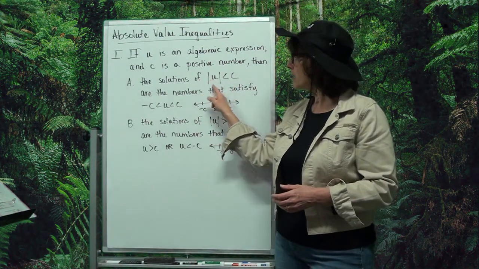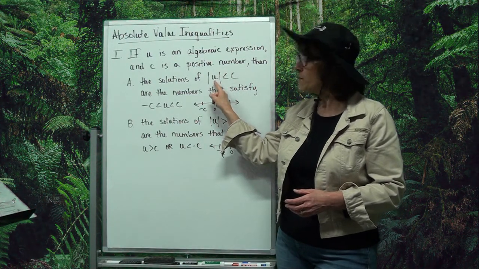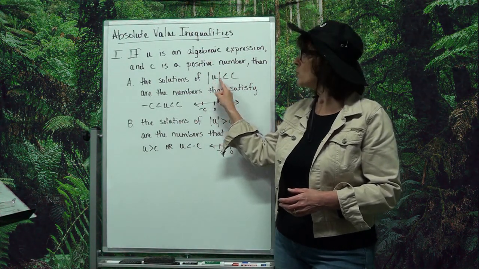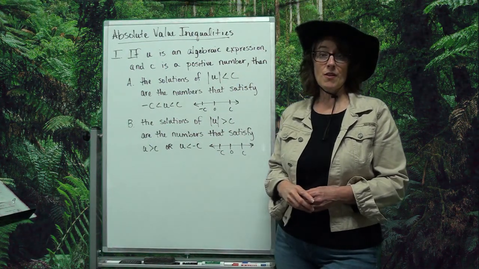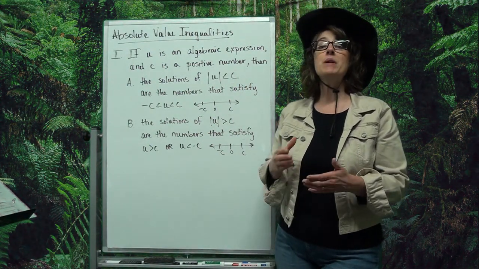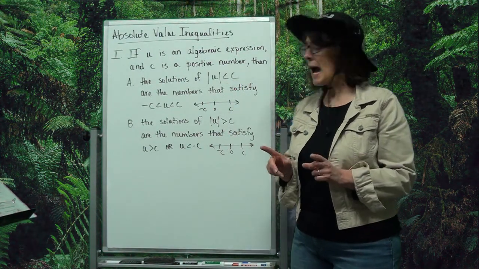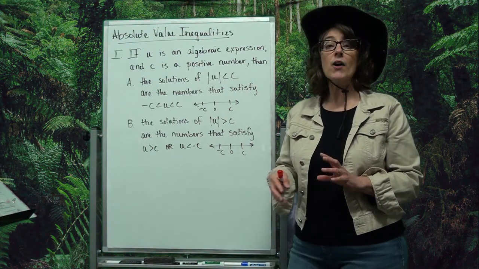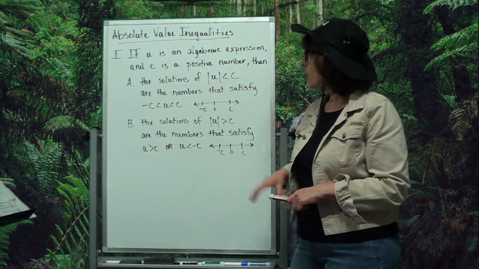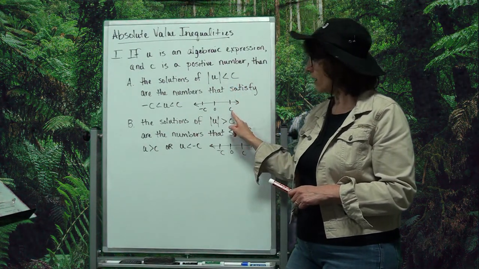So in this particular situation, what it's saying is that distance from zero is going to be smaller than whatever that number is. Distance from zero being smaller than that. So let's take a look at this number line. This helps us to understand how to set up the way to solve this. If I'm looking at this number line, and whatever this number is going to sit right here.